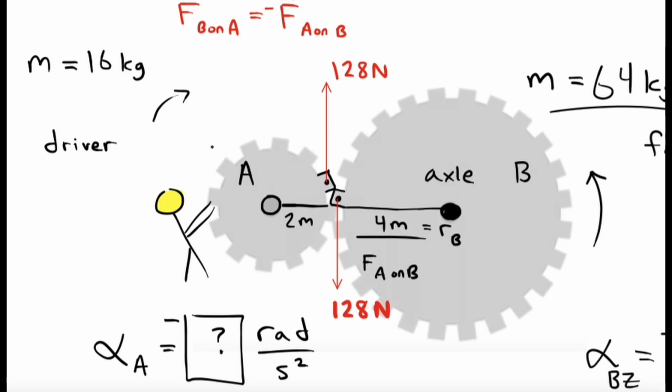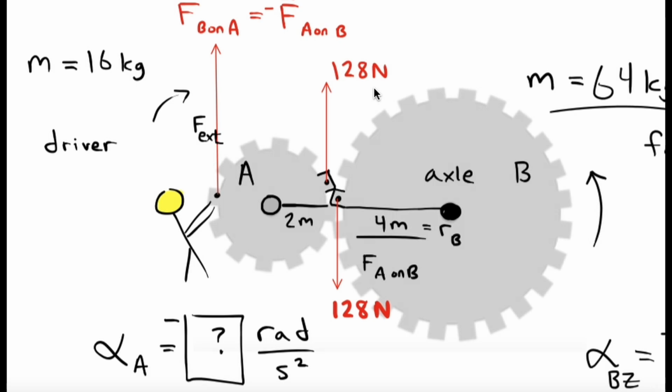So let's now draw a little vector here showing that this guy is pushing up on that tooth. We need to figure out how much force that person is pushing with. I'll call it force external.